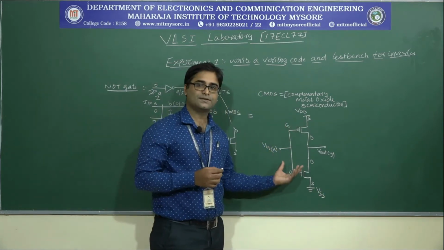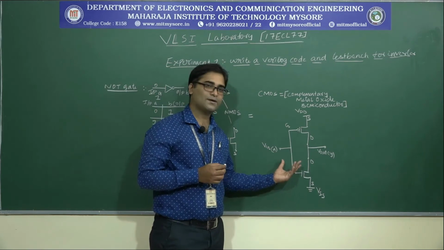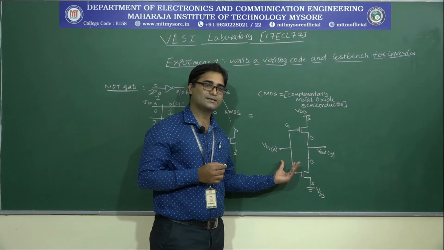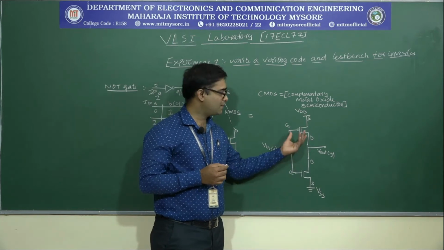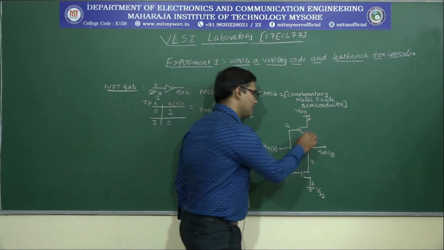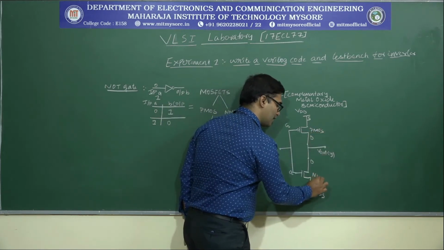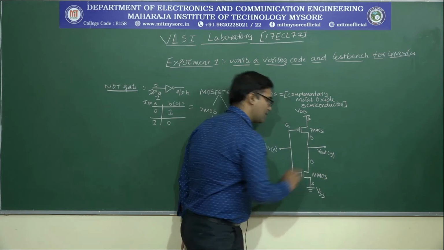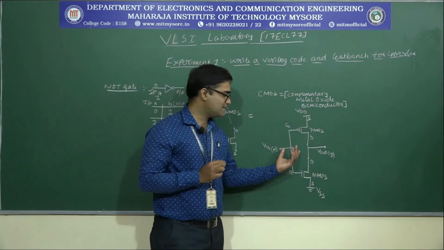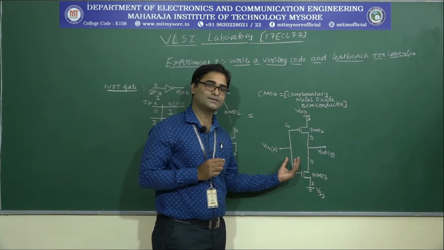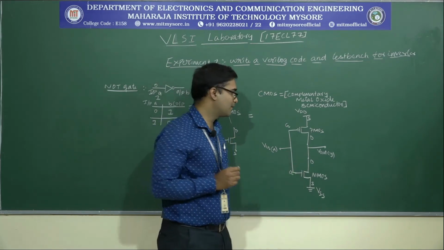So this becomes a digital circuit of a complementary metal oxide semiconductor, which is a combination of the PMOS and the NMOS. So we will see the working of the CMOS transistor.